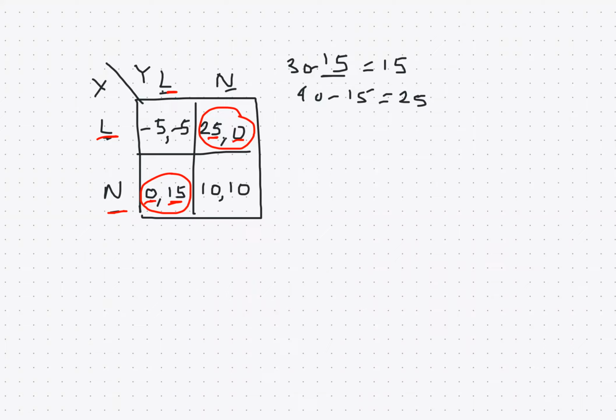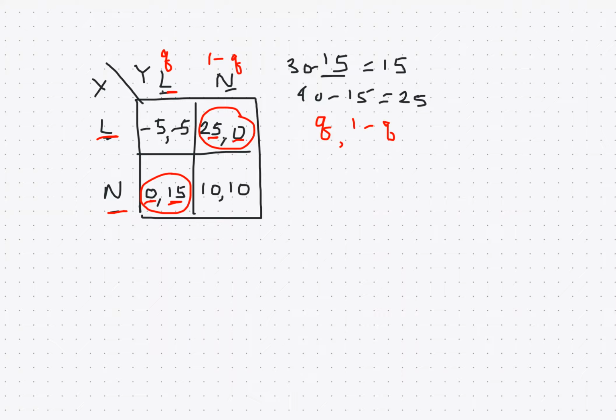So let's suppose Q denotes the probability that firm Y plays L, and 1 minus Q would be the probability, therefore, that firm Y plays N. So Q and 1 minus Q, these are the probabilities. So let's say firm Y plays L, lobbies, with a probability Q, and with a probability 1 minus Q, firm Y does not lobby. Okay, so those are the probabilities. So these are the mixed strategies here for firm Y.